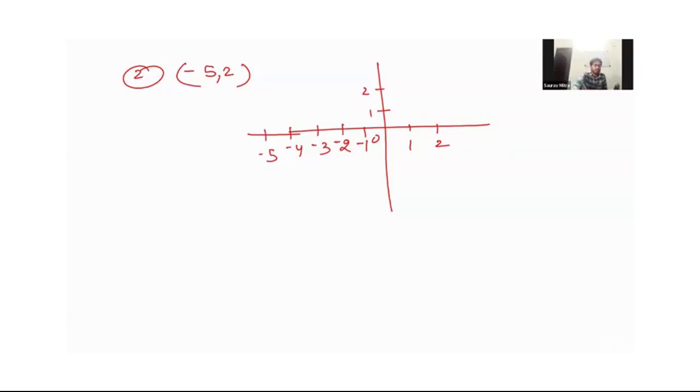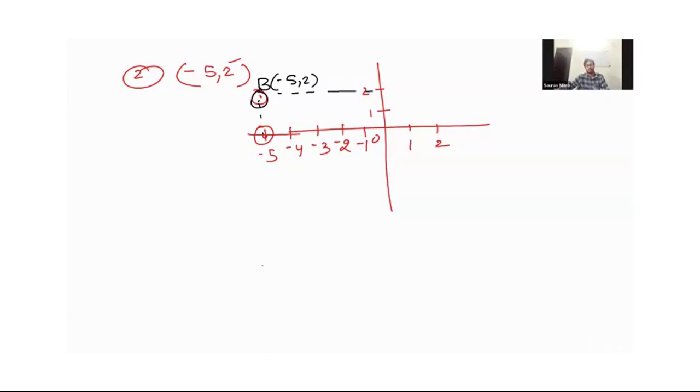So first of all, you have to find the value of x. This is your -5, and from here you have to go 2 units for y. Since y is positive, we go upward up till here only. This is the common part for both -5 and 2. So we got it like this. Let it be called point B, -5 comma 2.